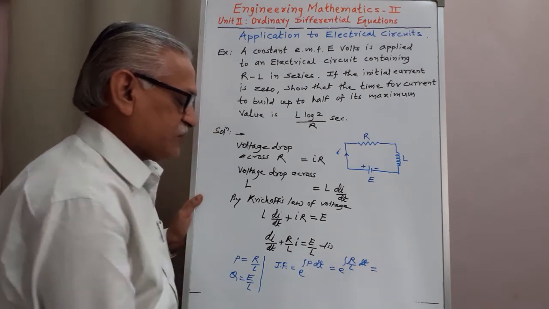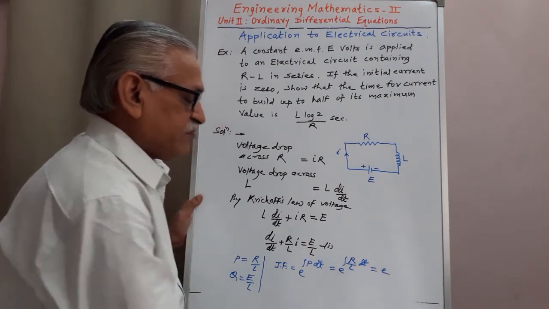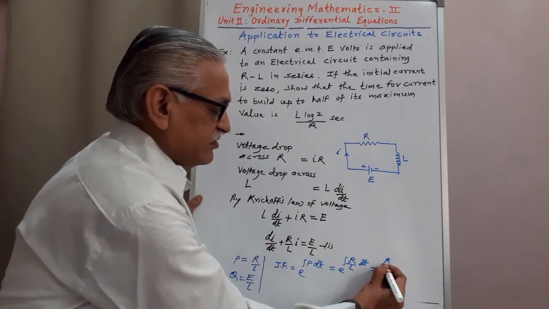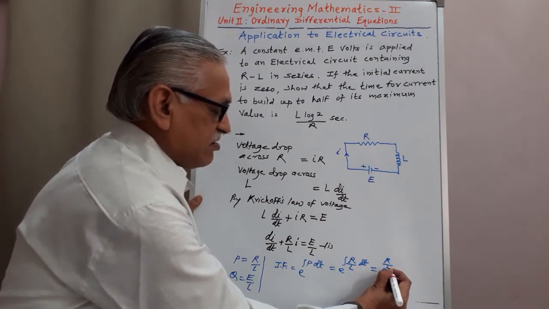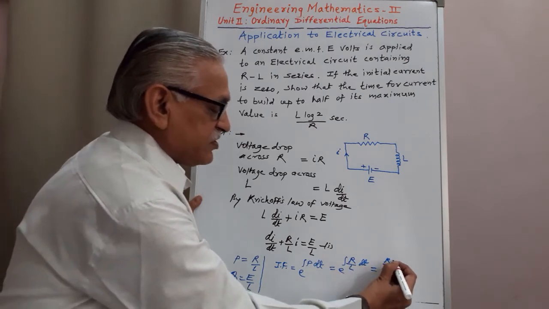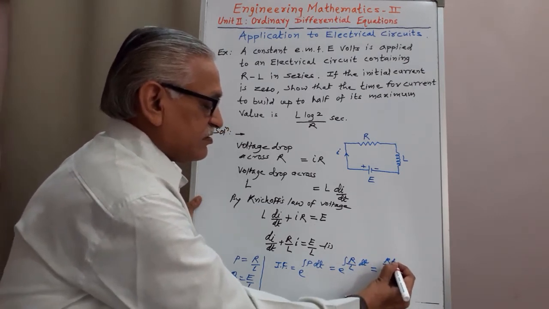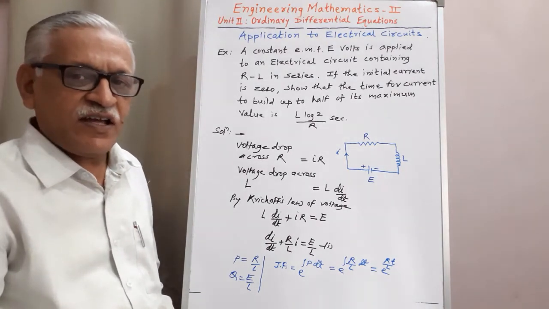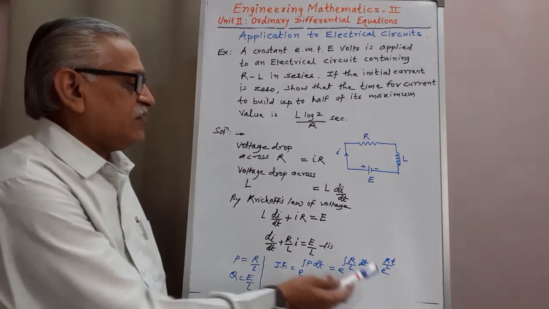Therefore it is equal to e raised to R by L, the constant term outside, we take it outside, and the integration of dt is t. Therefore we get that integrating factor as e raised to Rt divided by L.